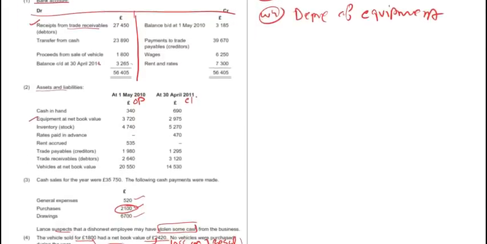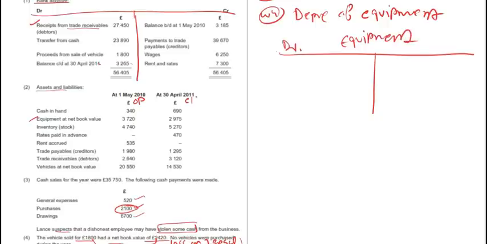That's all right, that's good, no problem. So we will open an equipment account. It's a debit account. So balance b/d, which is the opening. Here you go, 3720.